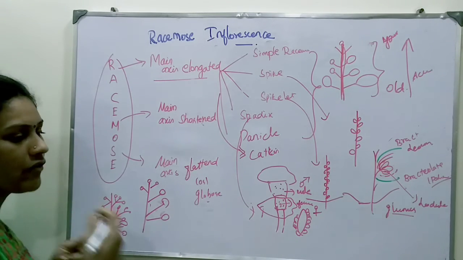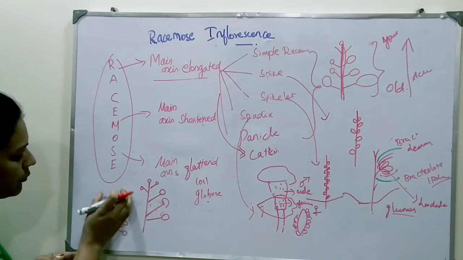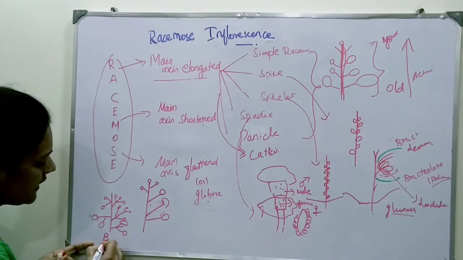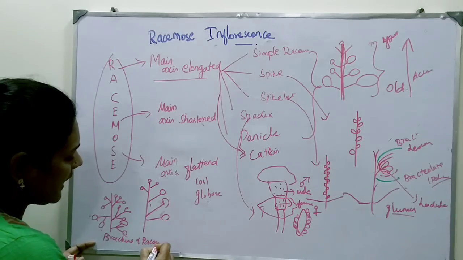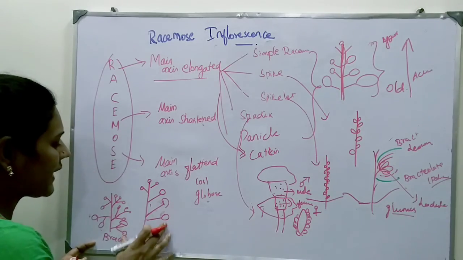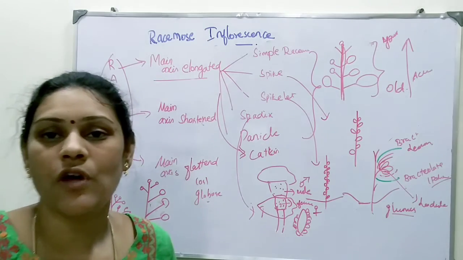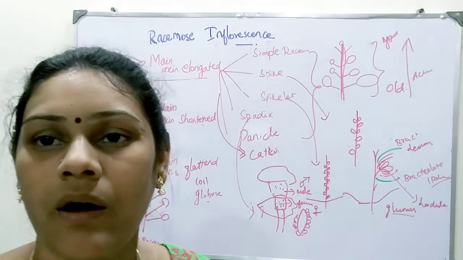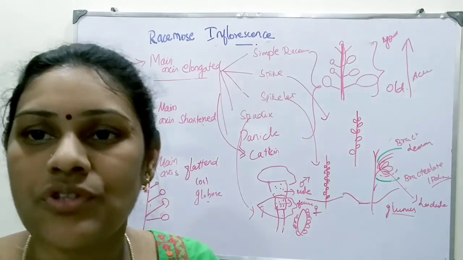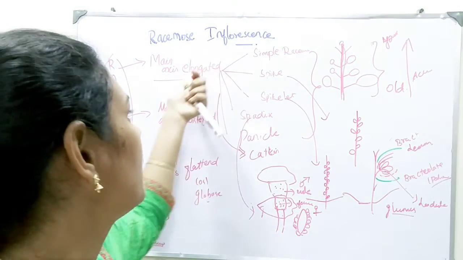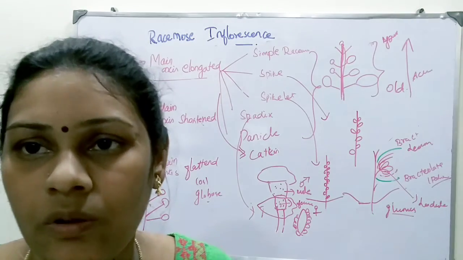This is a raceme of racemes because the oldest flowers are at the base, and the young flowers get smaller as you go up. This is called a branching of racemes, the branching pattern of racemes, or raceme of racemes. Compound raceme, or the branching of racemes, is called the panicle type. So this is about the racemose main axis elongated. In the next video I will explain the main axis shortened. Okay, thank you.